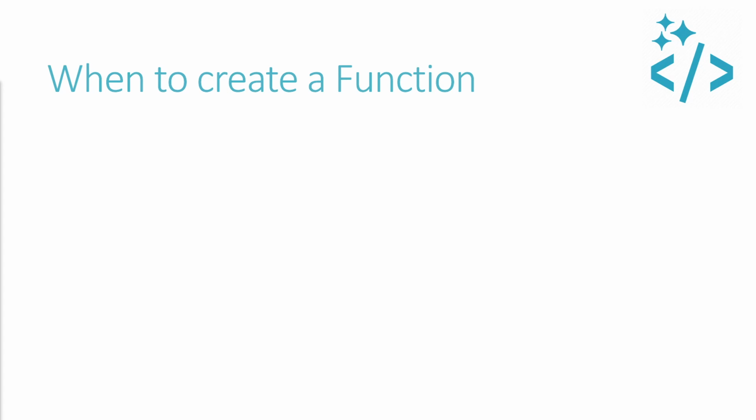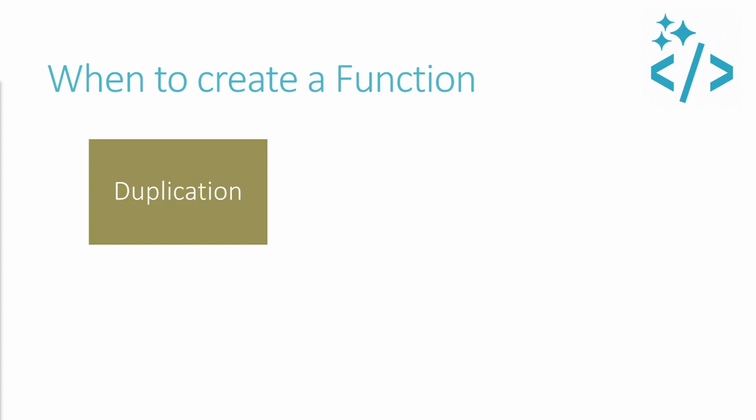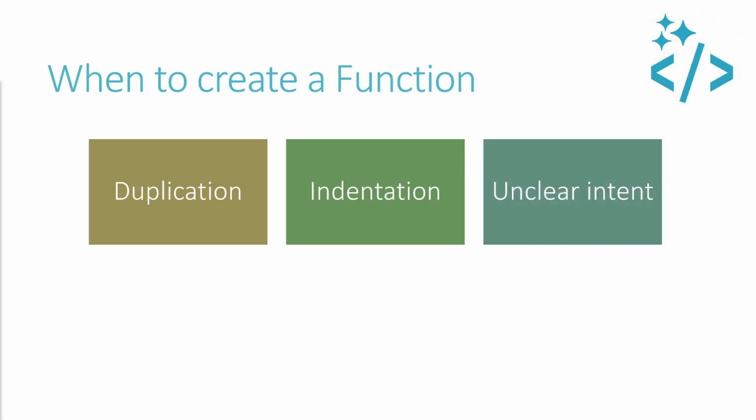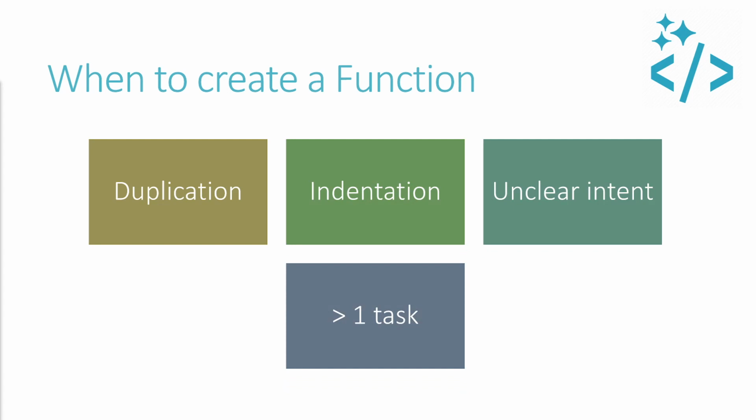Some indication on when to create a function: if you want to avoid duplication, if you want to improve the indentation of our code, to eliminate unclear intent, and if the method we are writing is doing more than one thing, we should separate this into more methods.